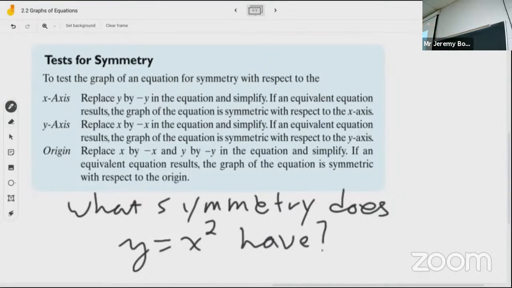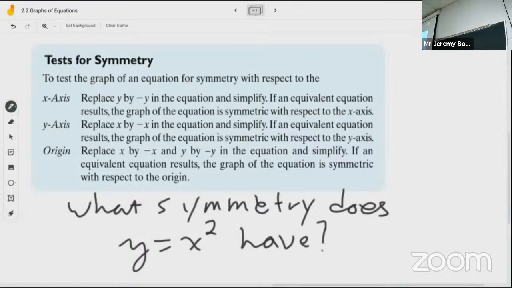How do you know? It's tough. We could graph it, and yeah, we can know. But there's some tests that we can use for all equations to try to determine what type of symmetry it has. And this is going to come back when we talk about functions. We're going to talk about what kind of symmetry the functions have, because that tells us some information about the function as well.